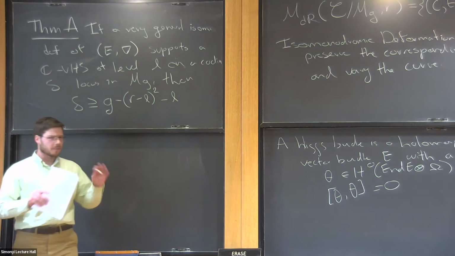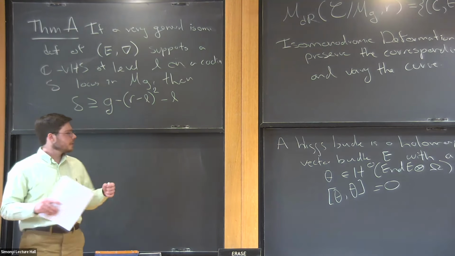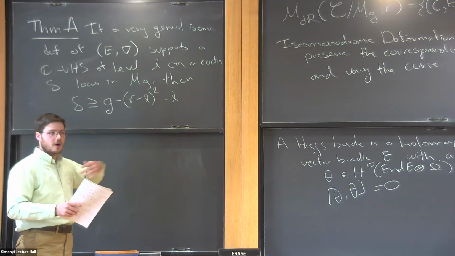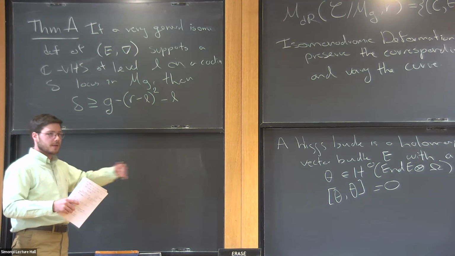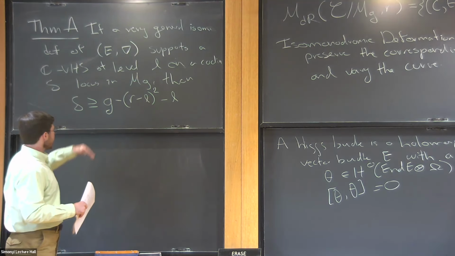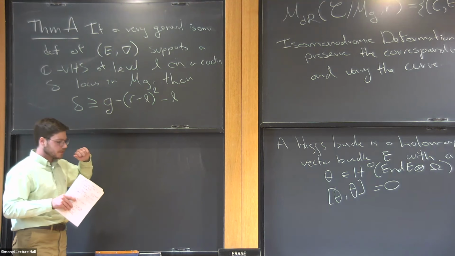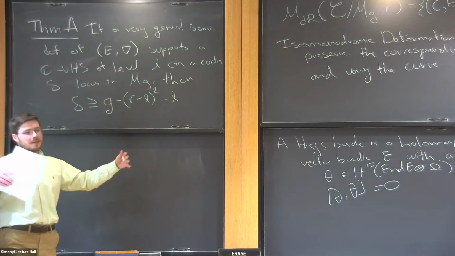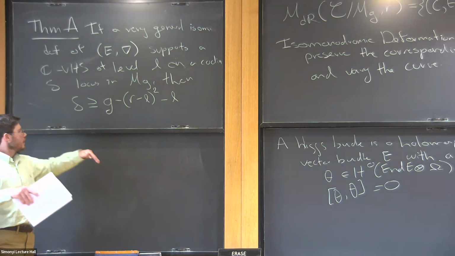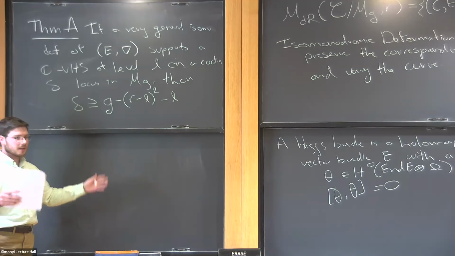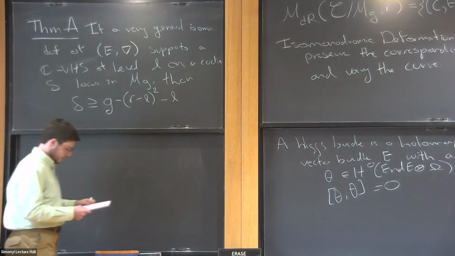I'll say more about this in a second, but what is true is that there is some sort of Hodge filtration on the isomonodromic deformation. And you can say something about the rank of the local system with respect to that deformation, but that filtration may not be the Hodge filtration exactly, but I'll state that more precisely in a second.